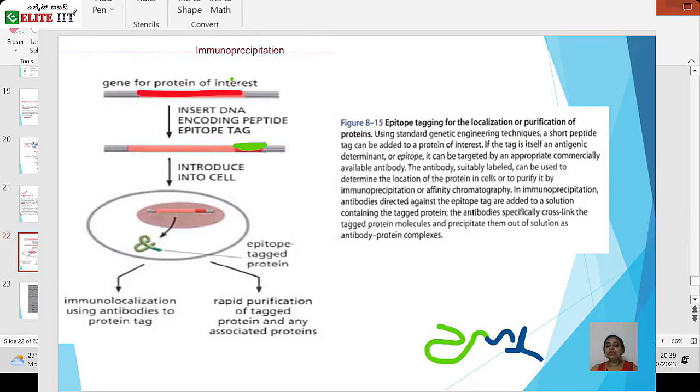Together with the protein of interest, this tag will be transcribed and translated, so you get the protein of interest together with the tag expression.